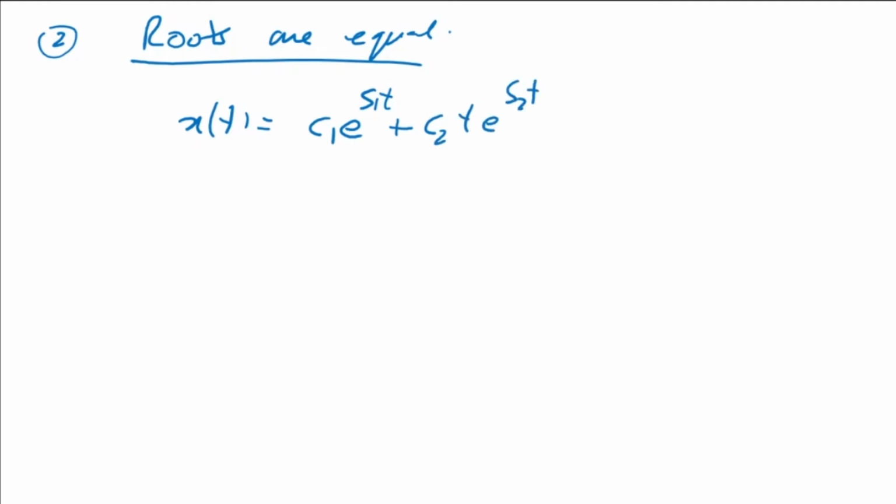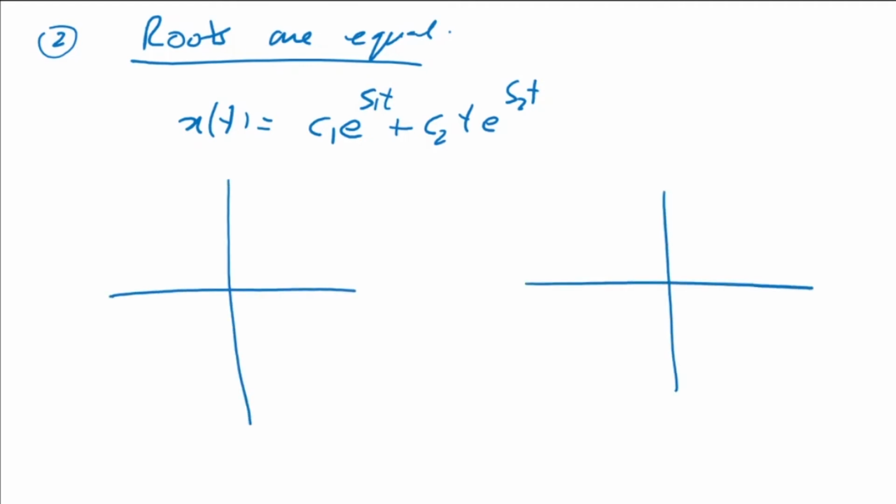This is the form of the solution. If I draw it here, I take my response to x(t) and I leave it. Now it comes like this and comes very close to the axis. So this is my response of the system.